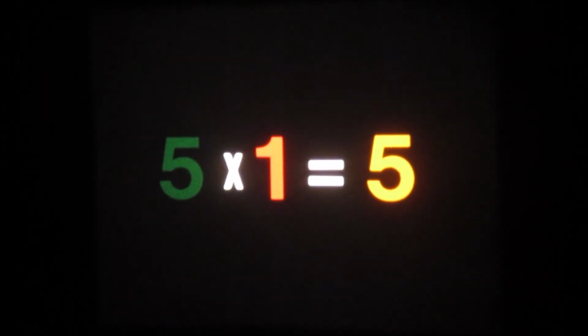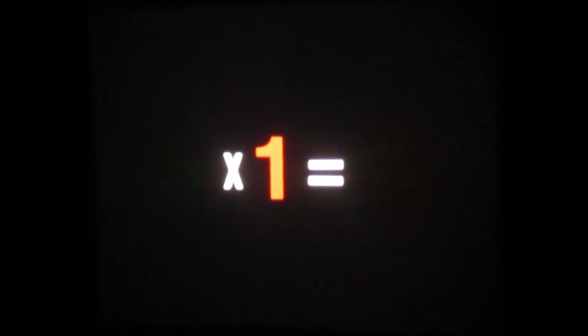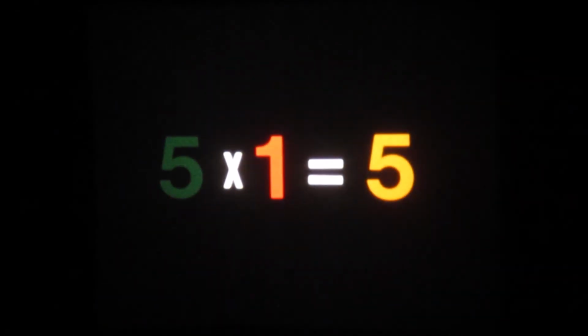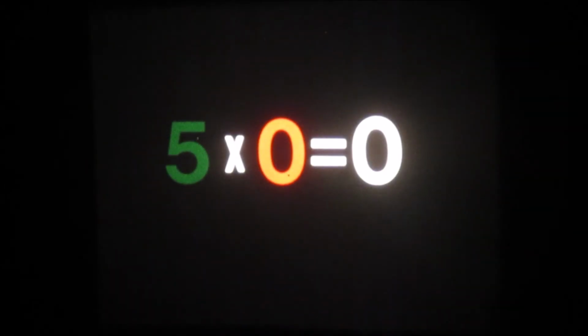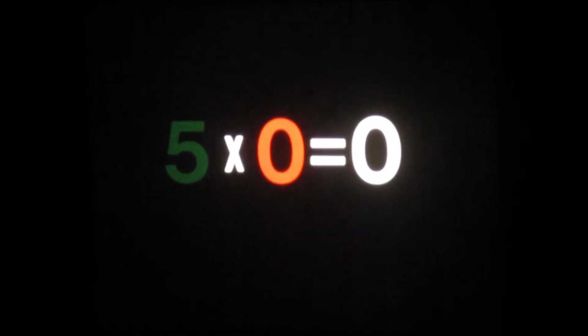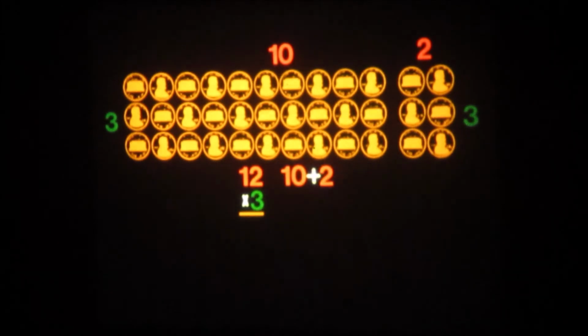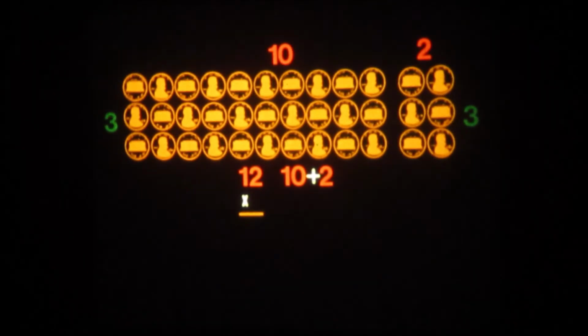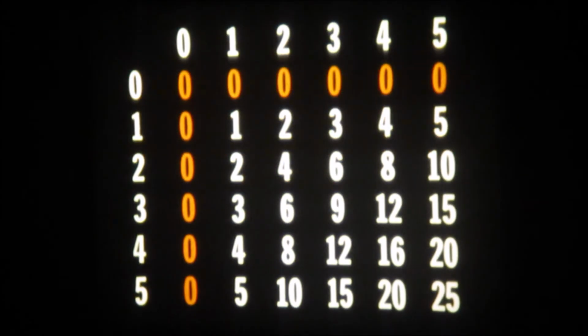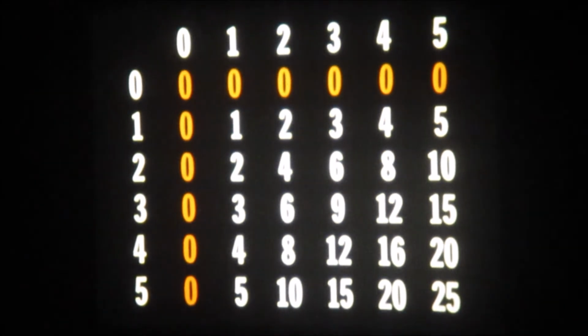We found that the product of any number times 1 is the same as the number itself. And that the product of any number times 0 is 0. We found that we can change a number into a simpler form so that we can multiply numbers that we have learned in our multiplication table. How well do you know your multiplication table?